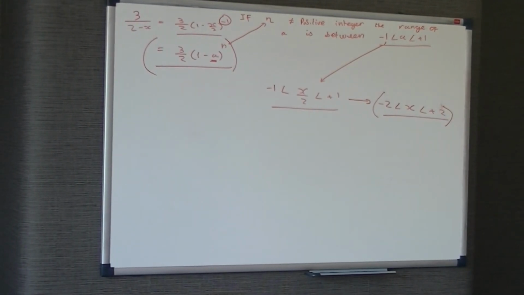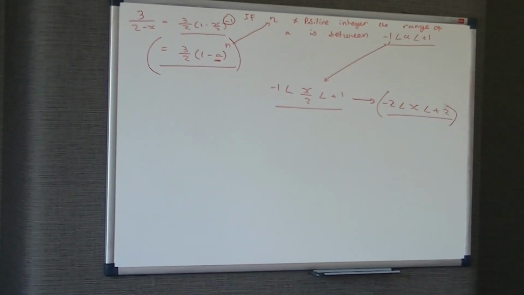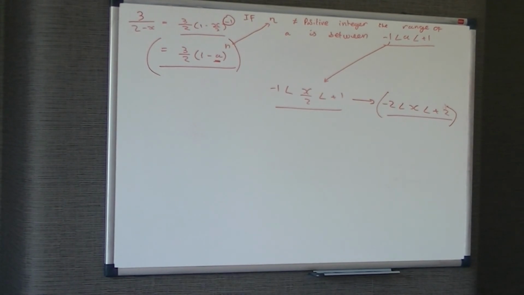And then we went on to discuss how you discuss the validity. We said if n is not a positive integer, so if it's a negative number or a positive number that isn't a whole number, or a negative fraction, then a is between -1 and +1, and you rearranged a as the x over 2 or x value, and then you would simply simplify the equation. So if it was x over 2, you times both sides by 2 to get a, and then you would leave it as that. And that was about it, to be honest.